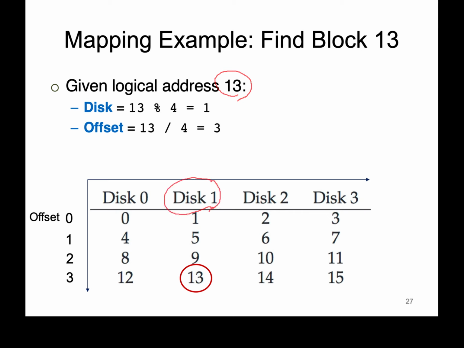And to calculate the offset, 13 divided by 4 gives you 3. It means it is the fourth logical block stored within disk 1, because it has an offset of 3. So this is the location where this provided logical address 13 is stored within this RAID 0 configuration.